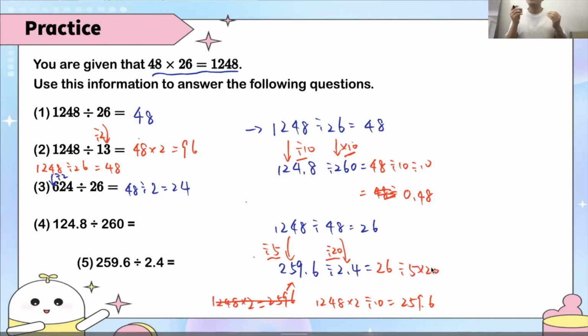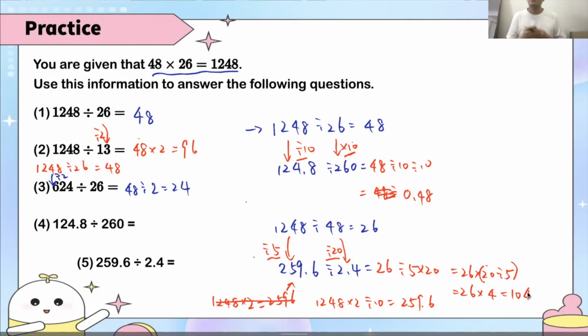Okay, do you remember? We can change the operation order. That is 26 times 20 divided by 5. And if we first work out this part, that is 26 times 4. What is 26 times 4? That is 104.